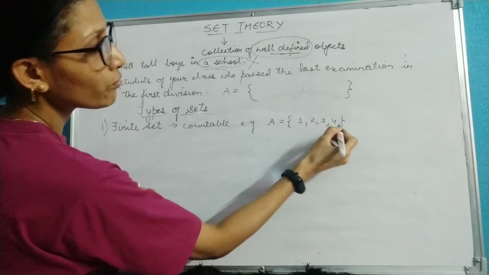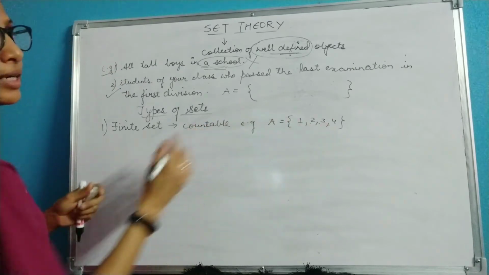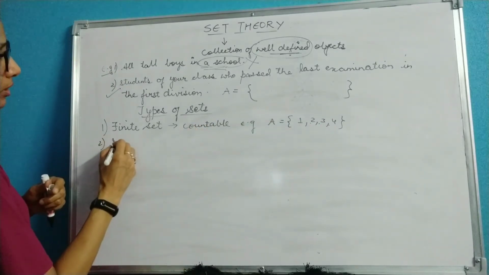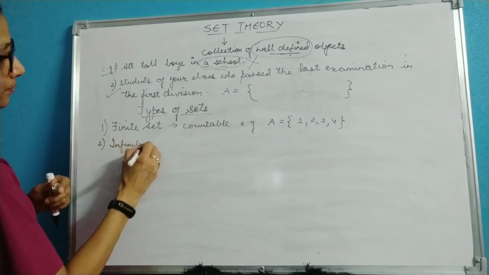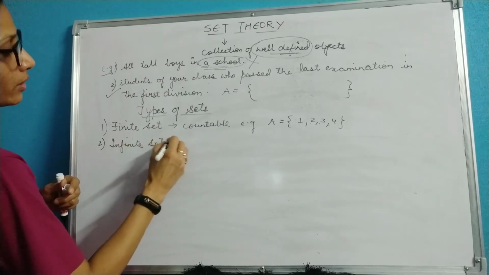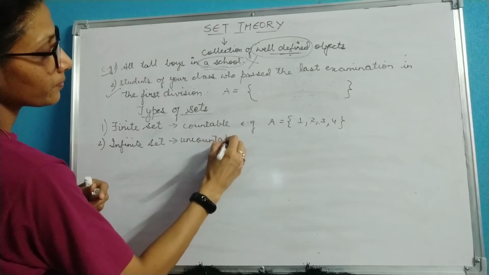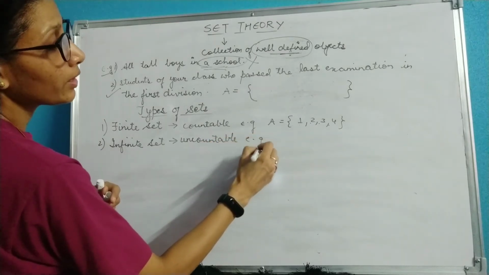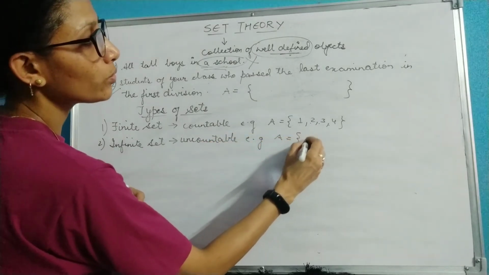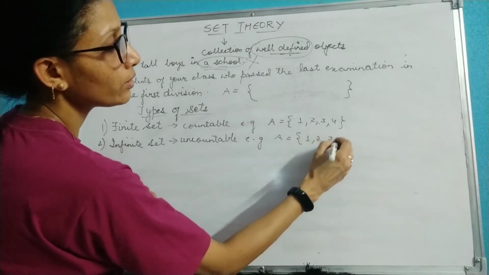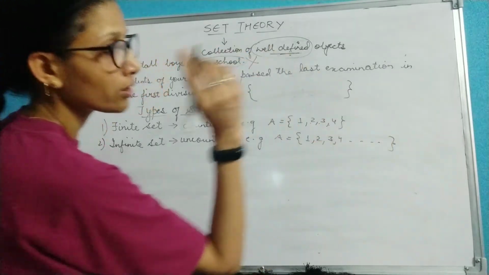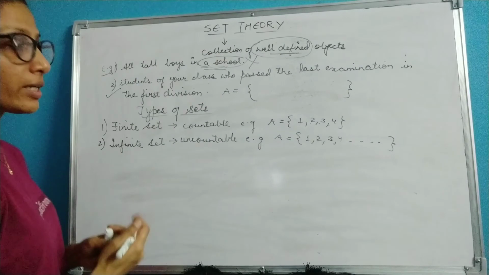So these are 4, I can count. So this is a finite set. Second is infinite set. That means uncountable. For example, if I write A equal to 1, 2, 3, 4 and so on, this is an infinite set.